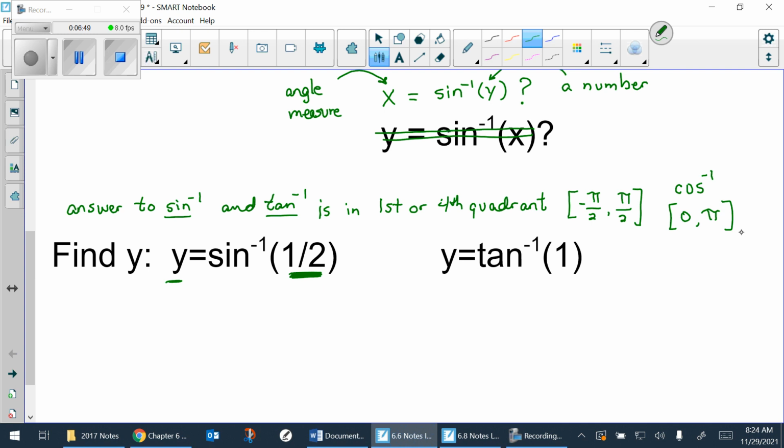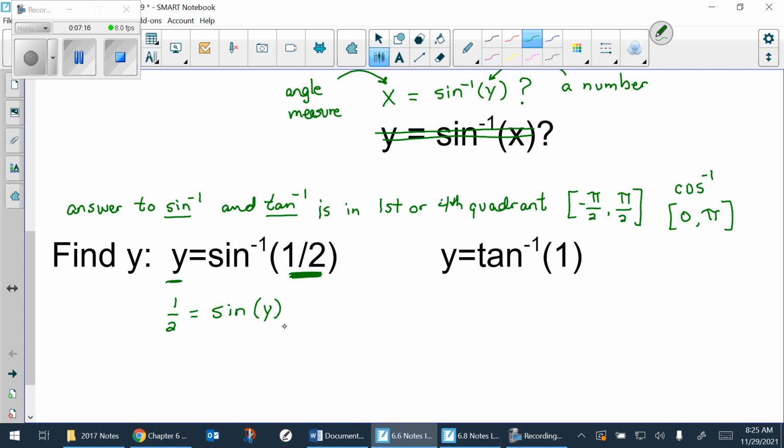So let's take a look at y equals sine inverse of 1/2. Now, if I ask you, what's the sine inverse of 1/2, you'd say, I don't know. Understandable. So I'm going to say, okay, what's the inverse of this? Well, couldn't I write this as 1/2 equals the sine of y? Just flip-flop the x and y.